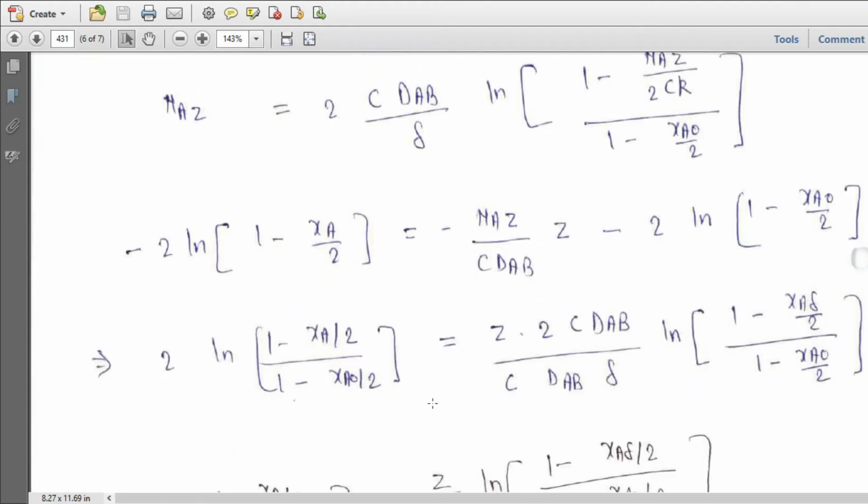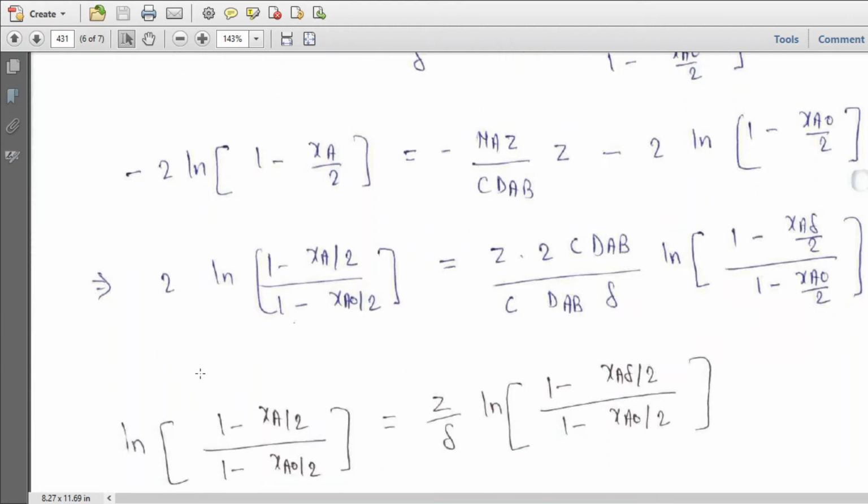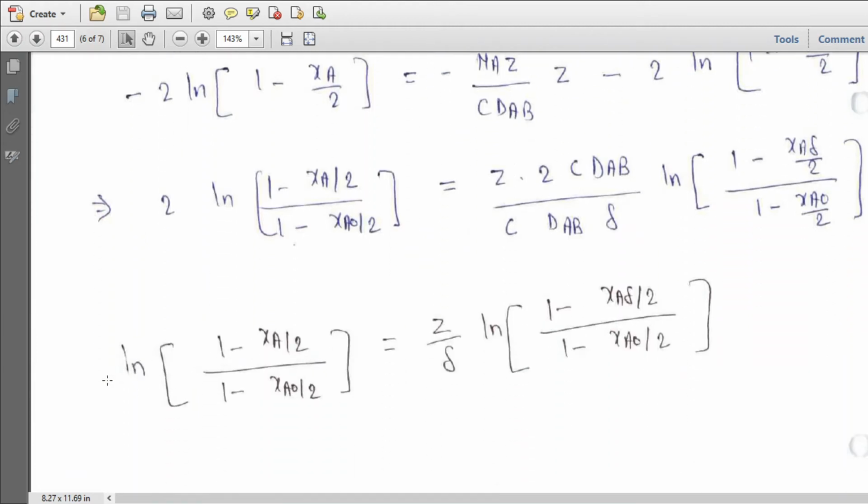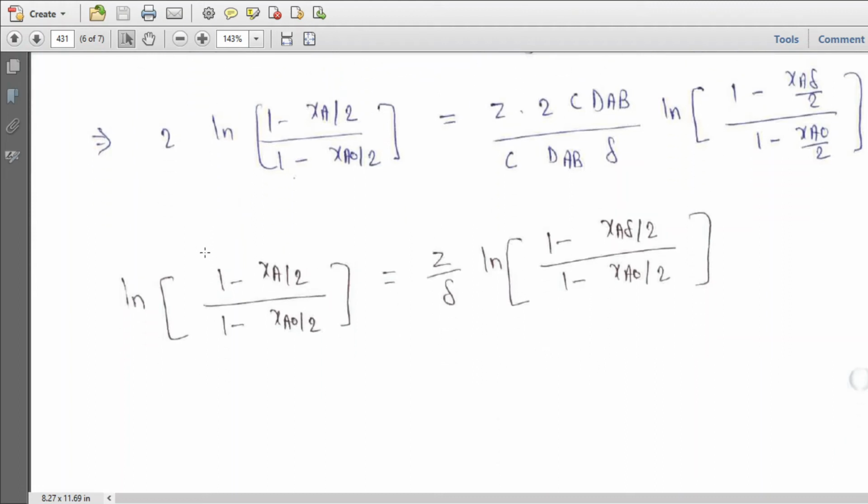You can substitute this here, and you will end up with minus 2 ln(1 minus XA/2) equal to minus 2 NAZ Z/(C DAB) minus 2 ln(1 minus XA0/2). You can arrange this and finally end up with ln[(1 minus XA/2)/(1 minus XA0/2)] equals Z/delta times ln[(1 minus XA delta/2)/(1 minus XA0/2)]. So this is the expression to find concentrations at any Z in case of a finite rate of reaction.